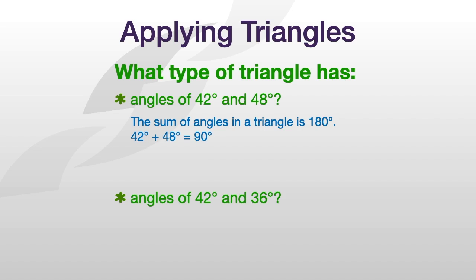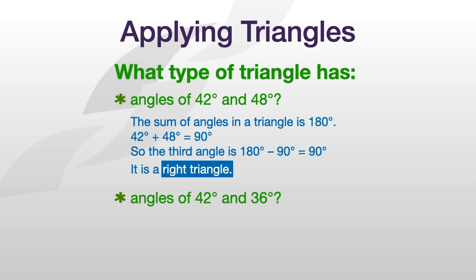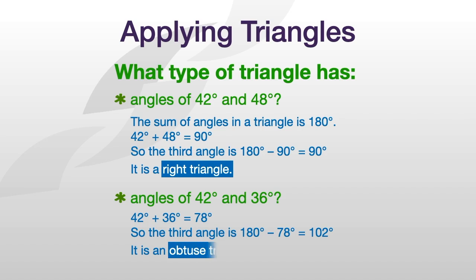These two angles add up to 90 degrees, so the third angle must also be 90. So it is a right triangle. In the second triangle, the two given angles add up to 78 degrees. So the third angle must be 102 degrees, so this triangle is obtuse.